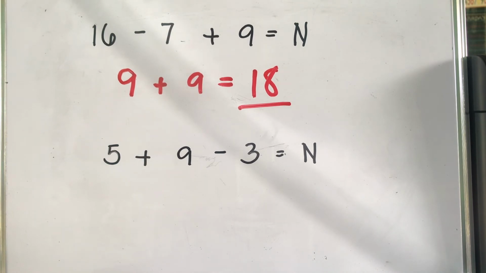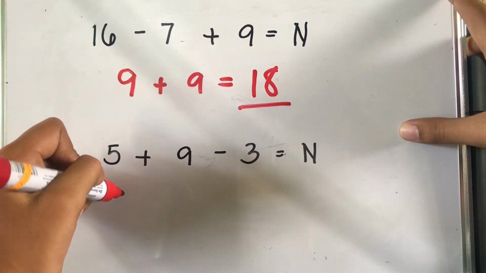Now let's have a second example. 5 plus 9 minus 3 equals n. Since there is no multiplication nor division, we will proceed with addition and subtraction. The first operation there is addition, so we will solve it first. 5 plus 9 equals 14.